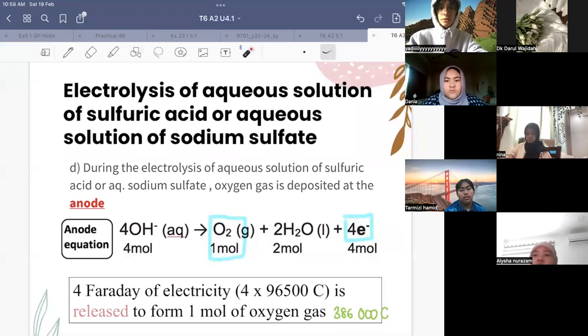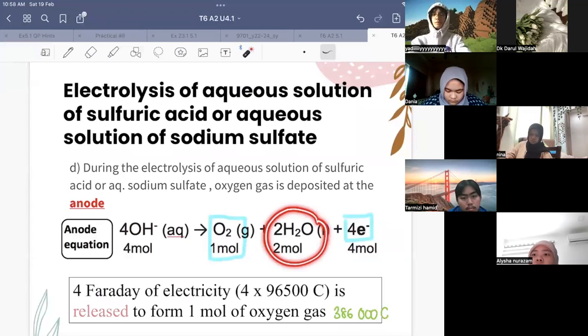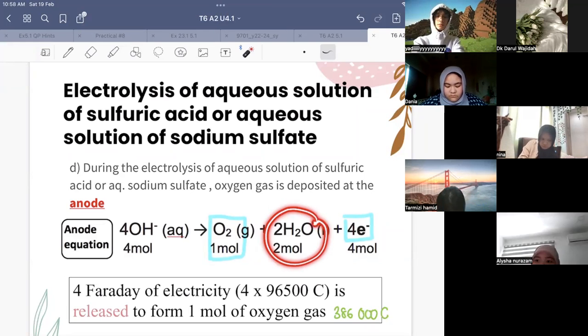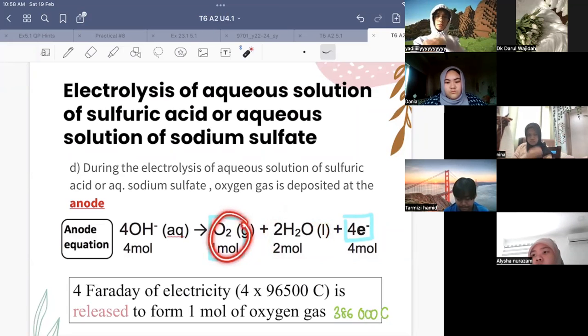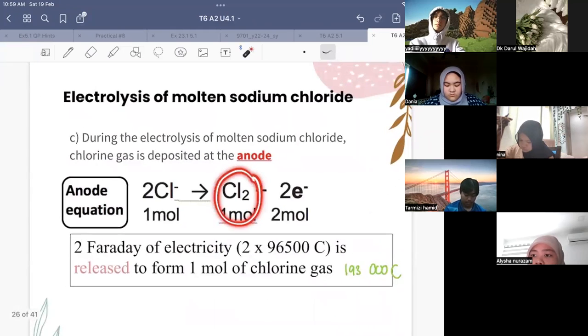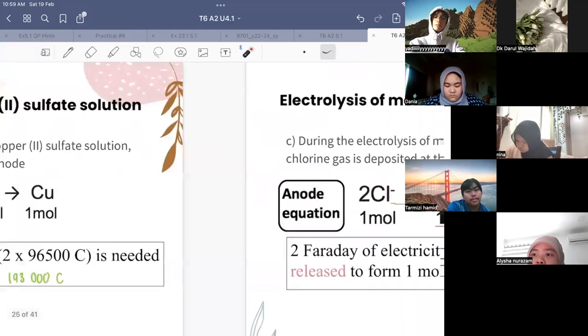Now you may ask, why are we not interested in the formation of water? Water will only get mixed into the electrolyte solution, so we cannot measure how much water is produced. Whereas oxygen, because it's a gas, we can use the displacement collection method, where you collect oxygen gas using displacement of water. Other things like chlorine gas, you can also measure using displacement of water.